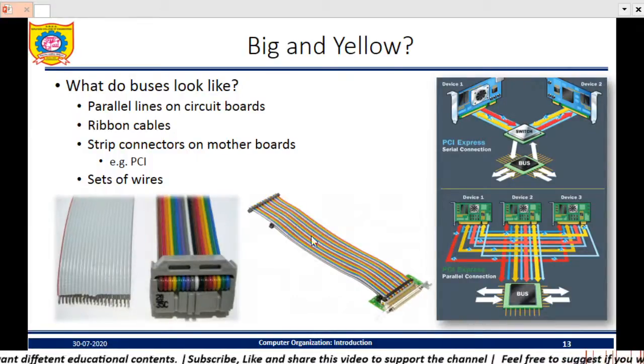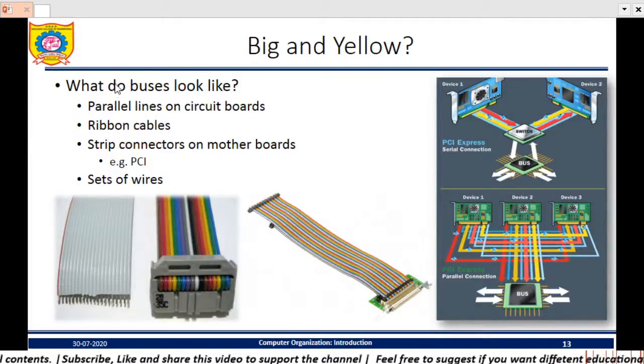So this kind of bus that you see, like the big yellow and red color lines, are your buses in the computer. Mostly 32-bit are there. These wires are 32-bit, like 32 wires are here, which is called a 32-bit bus.